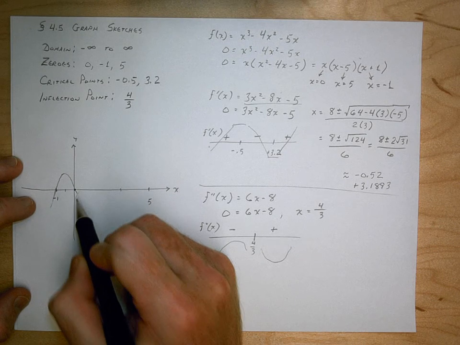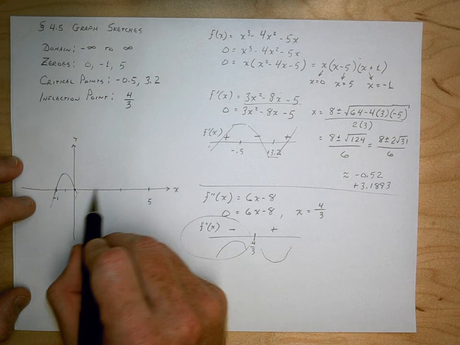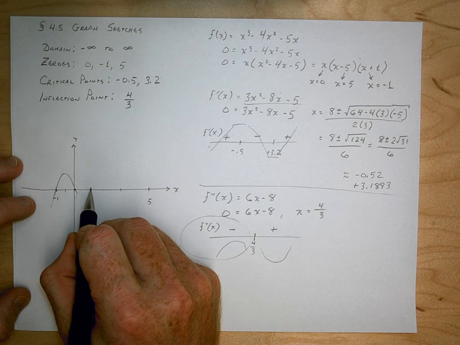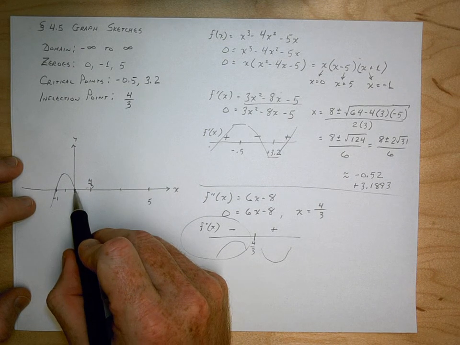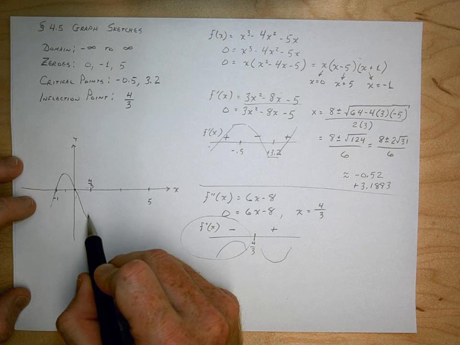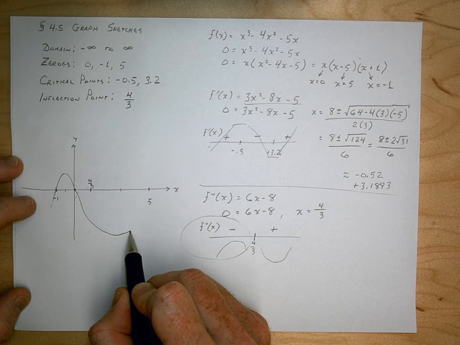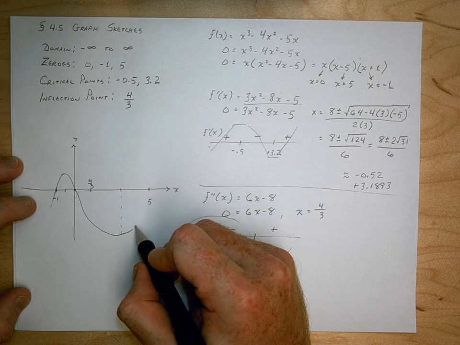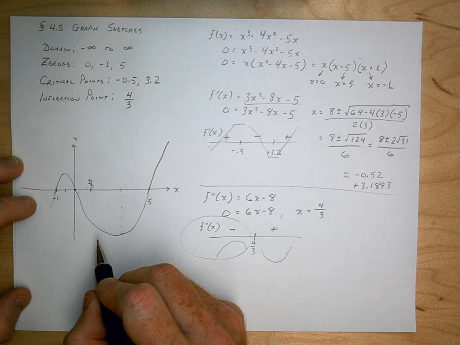All of this is concave down. I know that because of this. Somewhere around 4/3, let's say that's right there, I hit an inflection point and my concavity changes from concave down to concave up. Here's my other critical point, and then it passes through 5.